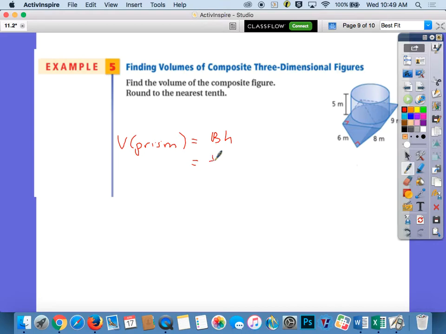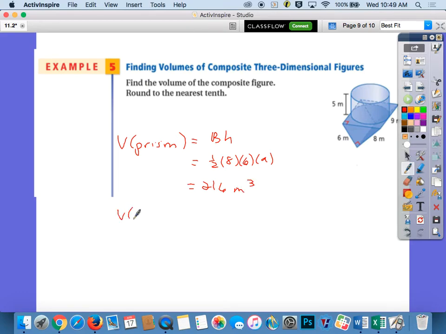Careful with that. So 1/2 base times height. I'm just zeroing in on this triangle right here. Or you can think about it as base times height, whatever you want. So 8 times 6 times the height, which is going to be 9. Slow down with that a little bit, and you end up getting 216 meters cubed.